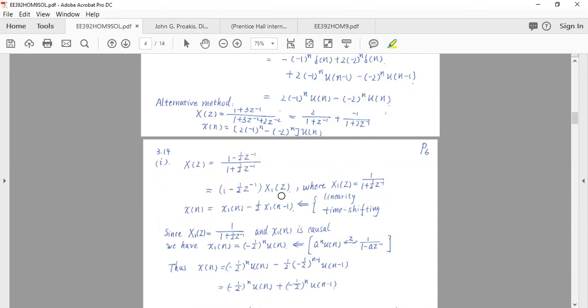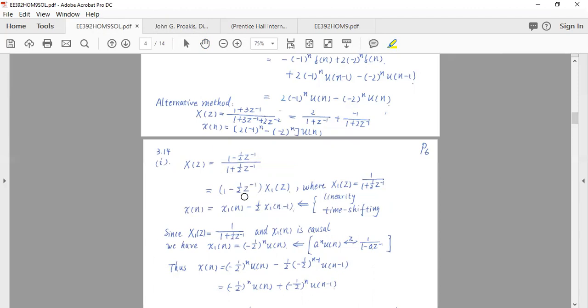Based on this, if we expand, we get x1 of z minus half z to the power of -1 multiplied by x1 of z. If we perform the inverse z transform on this term, we get x of n equal to x1 of n minus half x1 of n minus 1.